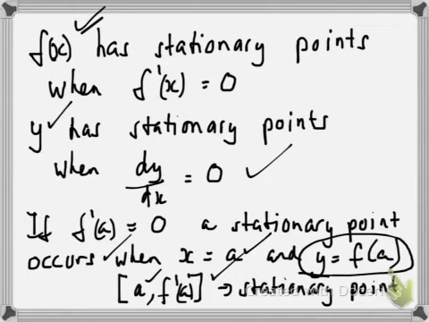Beg your pardon, there's a little error there. Putting a into the actual equation gives you the stationary point, not into the derivative. Just go over that again. If f dash a, that is the derivative, equals zero, you've got a stationary point at that x-coordinate equals a. To find its y-coordinate, you just put a back into the original equation, and you'd find its y-coordinate, f of a.